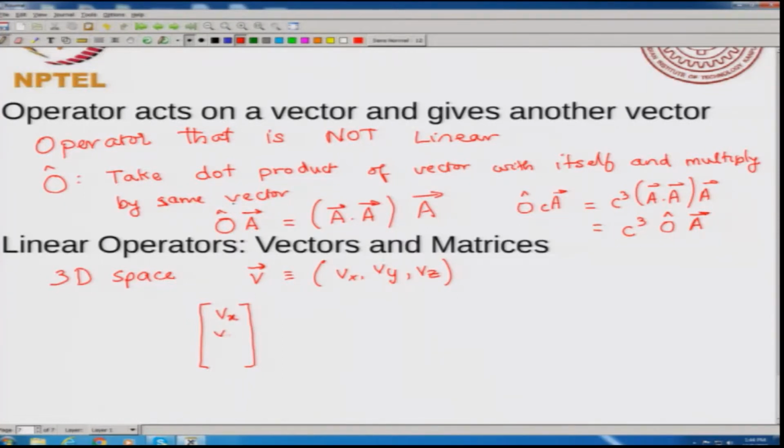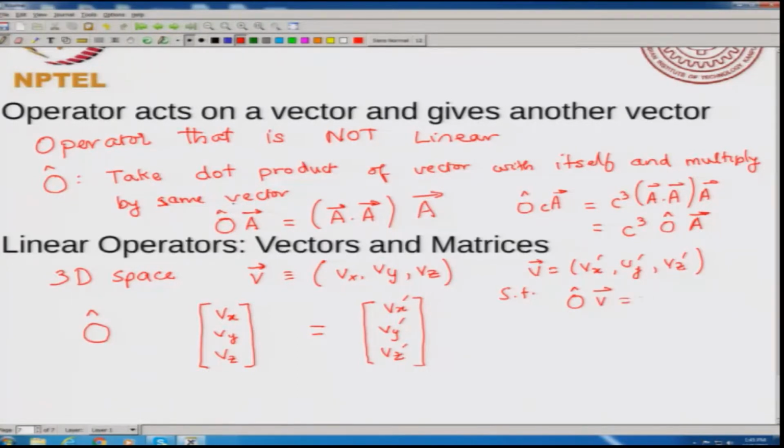So Vx, Vy, Vz, and I have my operator here, okay, and that gives me some other vector, some new vector. I will just call it Vx prime, Vy prime, Vz prime, okay. So this operator acts on V to give you V prime. So I will just define V prime equal to Vx prime, Vy prime, Vz prime, such that operator acting on V equal to V prime, okay.